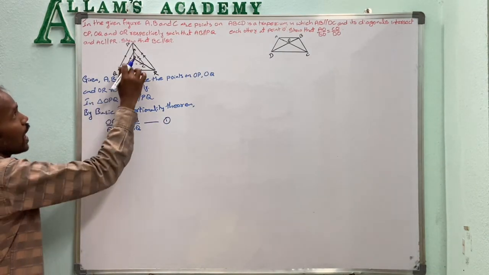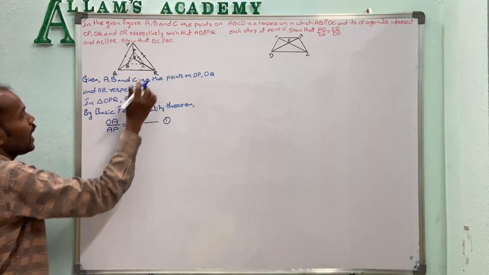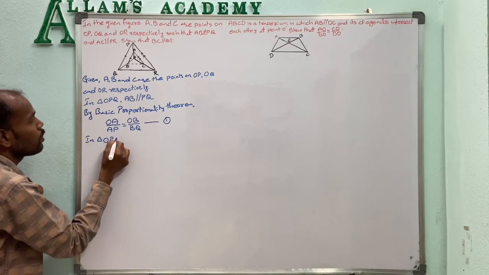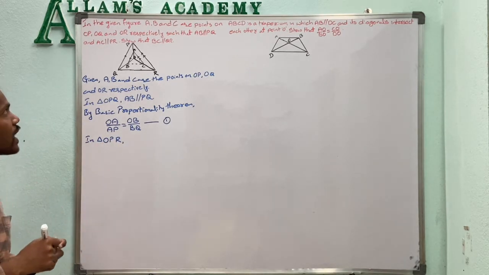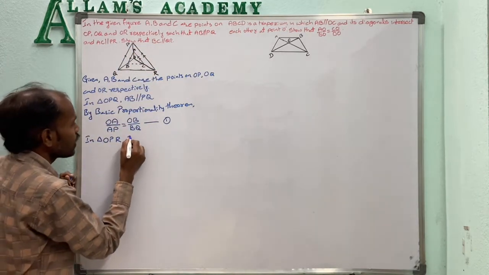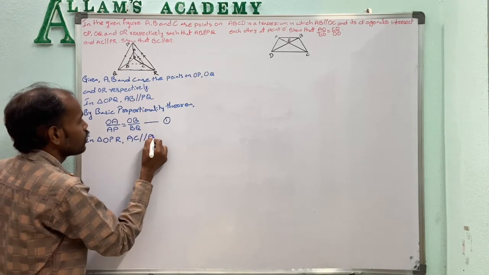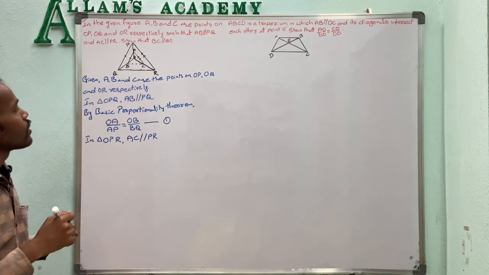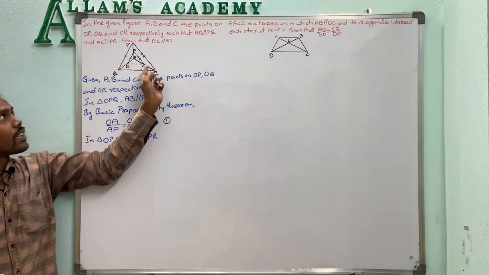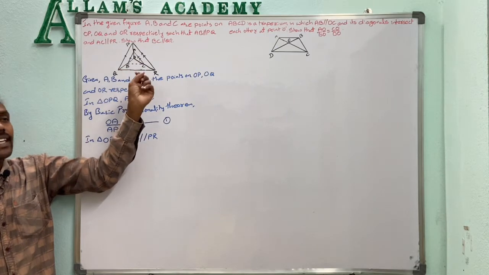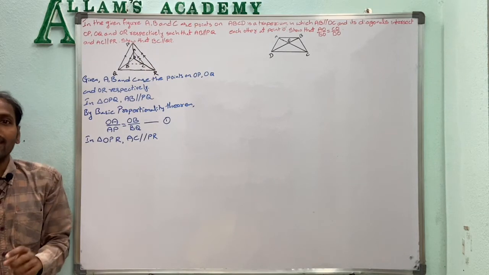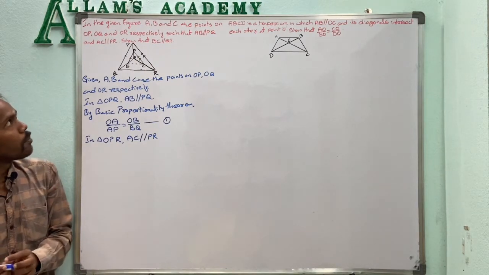Next, if we observe OPR, it is also a triangle. In triangle OPR, here given AC is parallel to PR, and on OP and OR there are the two points A and C, and the line segment joining those two points is parallel to the third side.